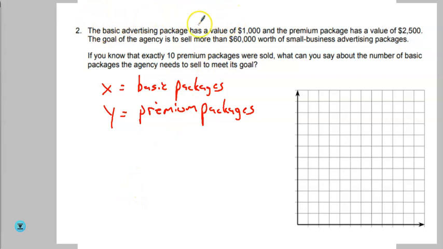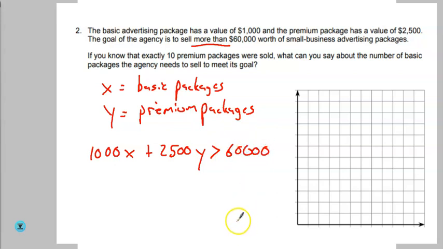This time the basic has a value of 1,000, premium package has a value of 2,500, and the agency's goal is to sell more than 60,000 worth of packages. So they're going to get $1,000 for each basic plus $2,500 for each premium, and they want more than, not equal to, they want more than 60,000, so it's got to be greater than 60,000.